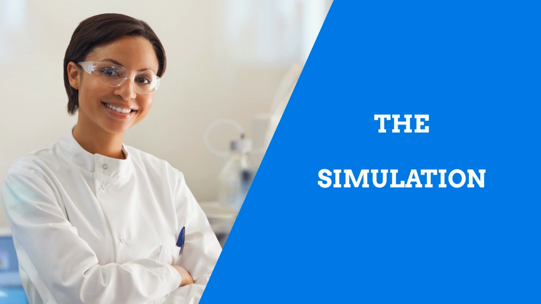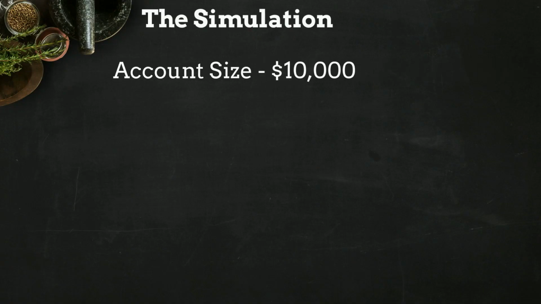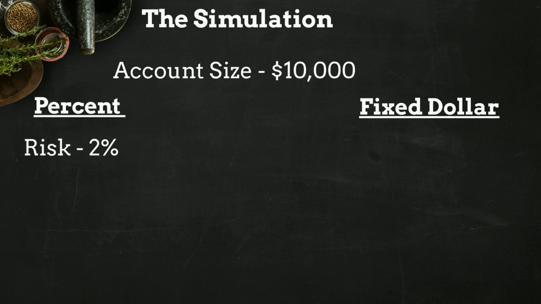So for this particular simulation, this is what we are going to do. We are going to assume that our account size is $10,000, and for the percent risk model, we'll be using 2%, the popular model of risking 2% per trade, and for the fixed dollar model, we'll use $200 as the fixed dollar amount.